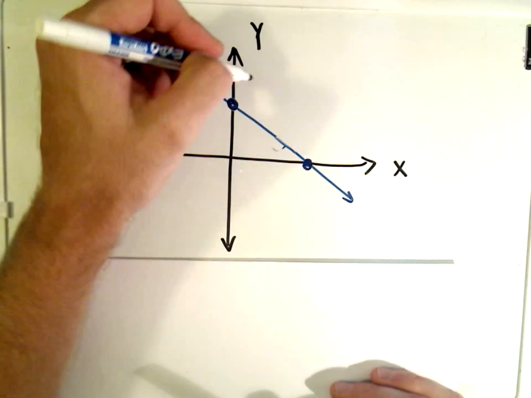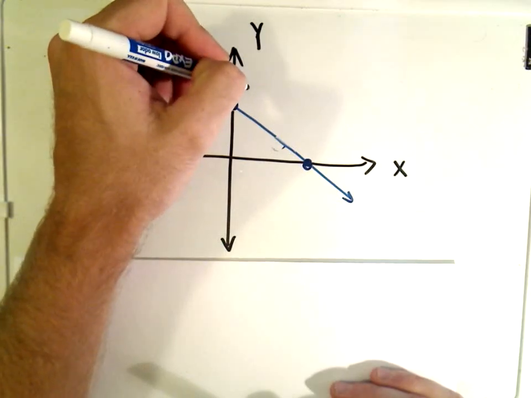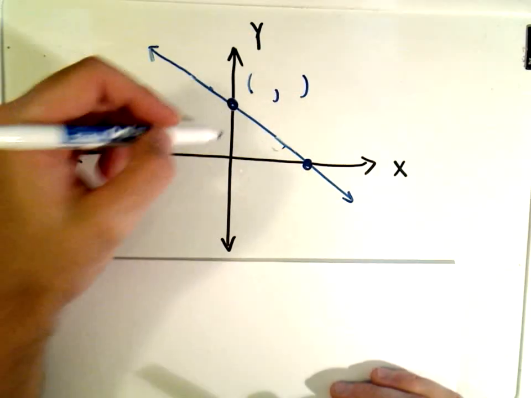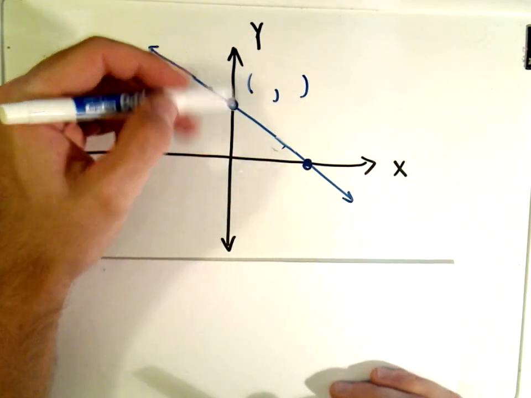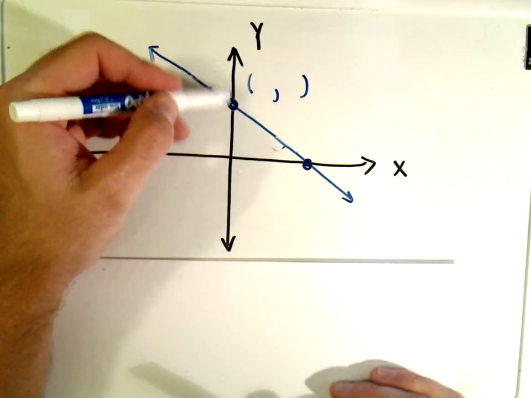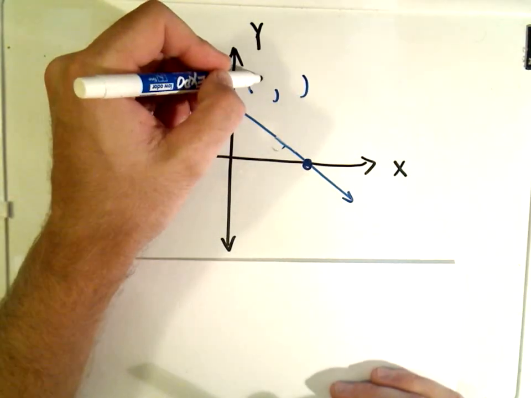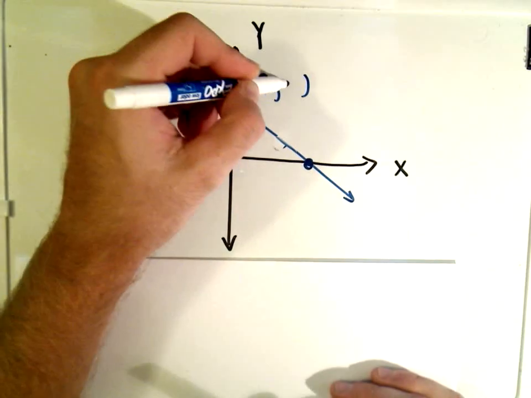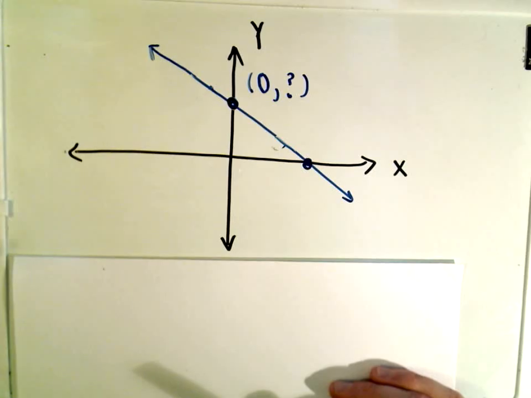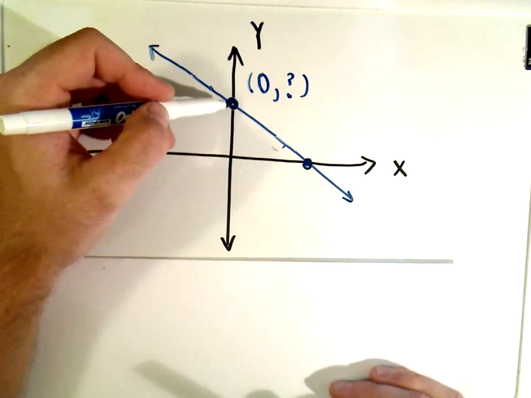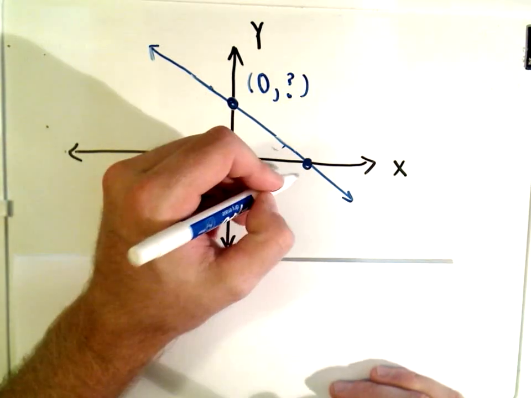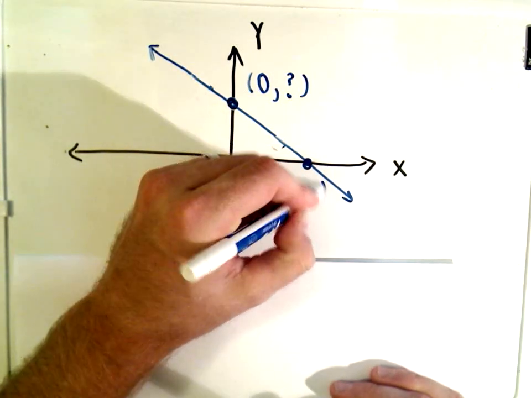How do we go about finding, for example, the y-intercept? Anywhere along the y-axis, the x-coordinate is always 0, and the y-coordinate is the value we don't know and are trying to figure out. So to find the y-coordinate, we let x equal 0. To find the x-coordinate, think about it the same way.